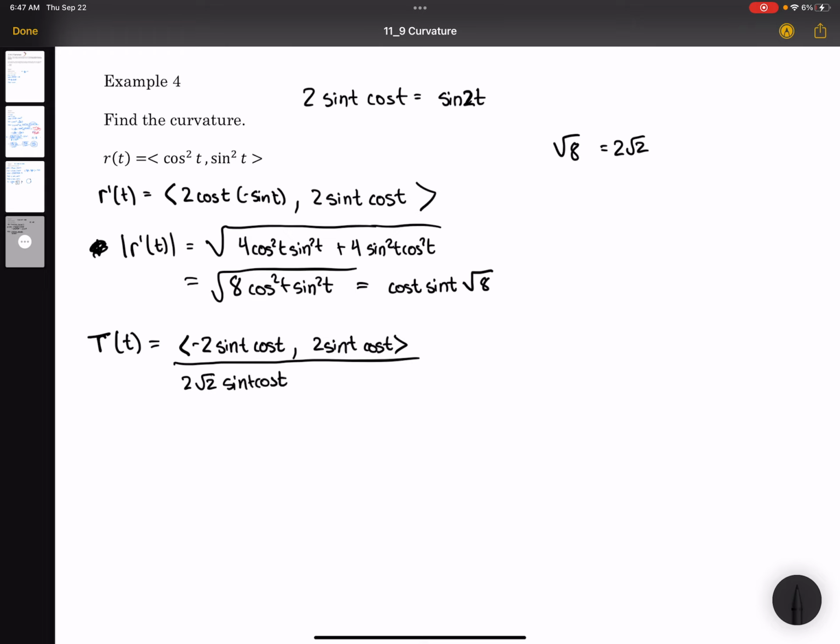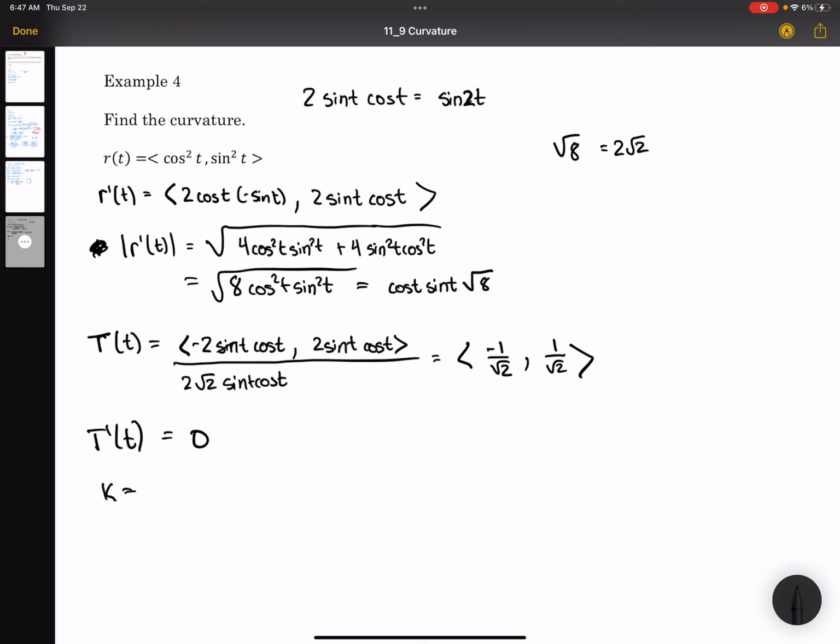So we're dividing the vector by the speed. As components, we're going to get negative 1 over root 2 for the first component because the sine and cosine cancel. And for the second component, we get 1 over root 2, as a unit tangent vector. So anytime the unit tangent vector is constant, the curvature is going to be 0. So immediately we would see that T prime of t is equal to 0.